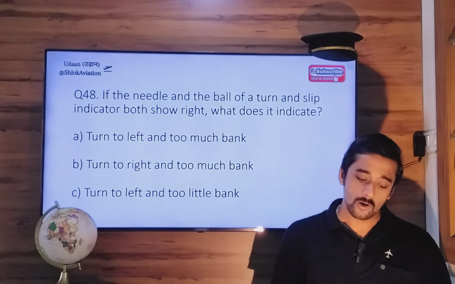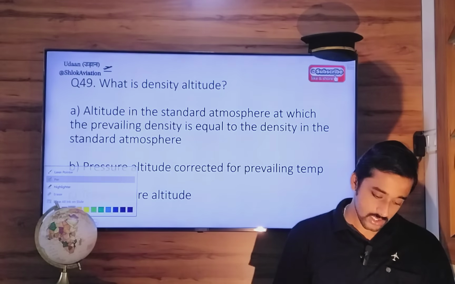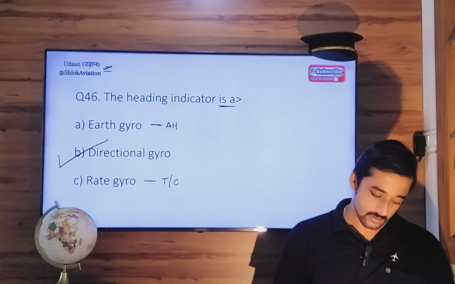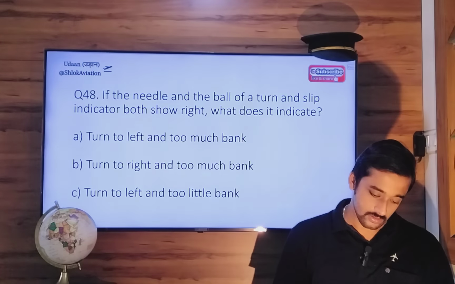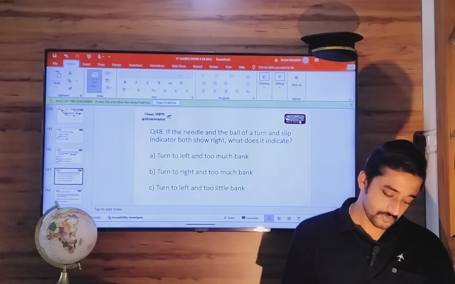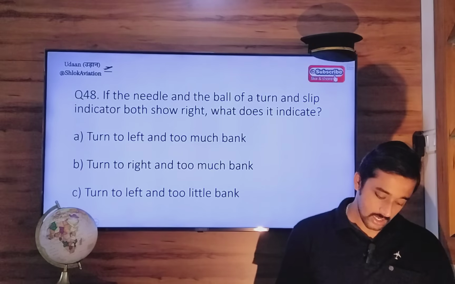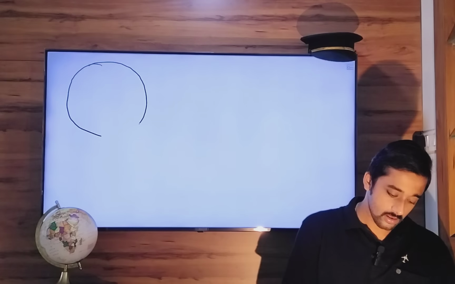If the needle and the ball of a turn and slip indicator both show right, that means, so I'll take a slide. So here, let's say this is your turn and slip indicator, right? And there is this inclinometer.